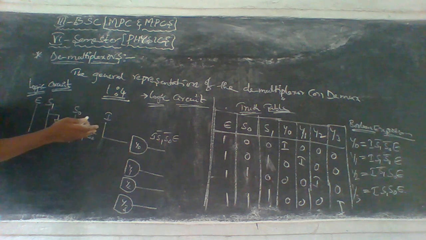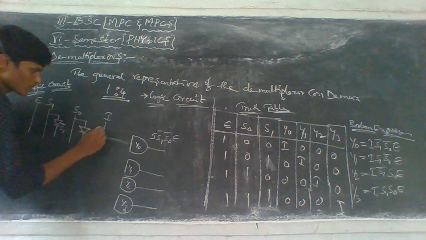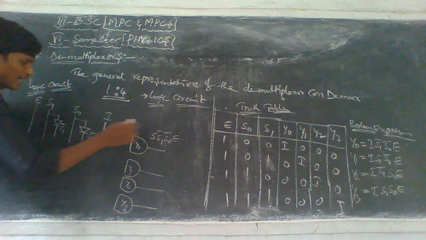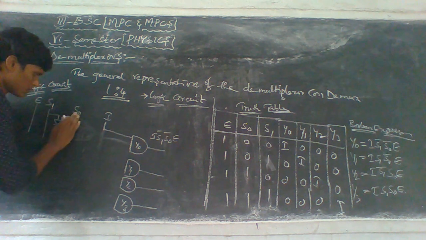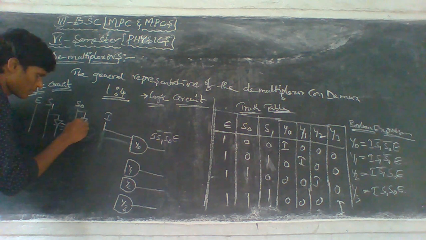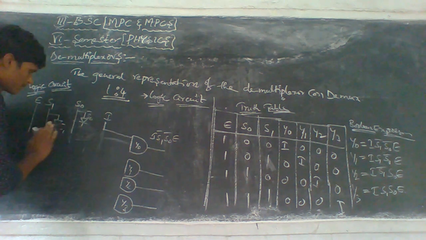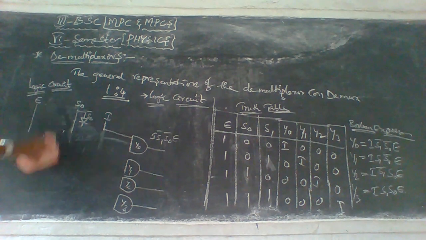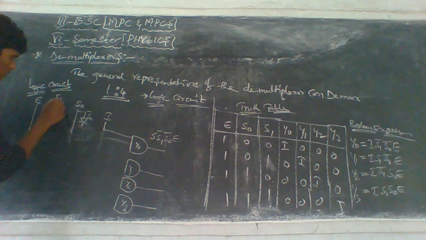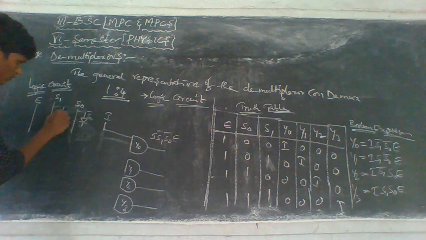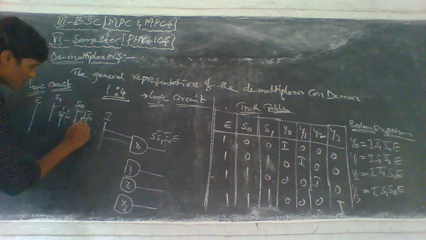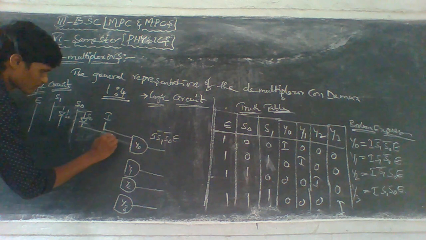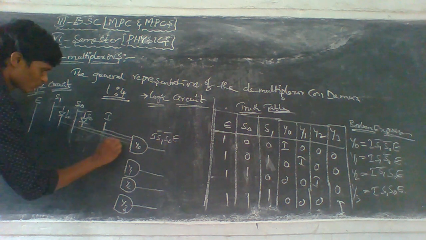The Boolean expression of Y0 is I, S1 bar, S0 bar and E. So I is connected to Y0 along with S1 bar and S0 bar.